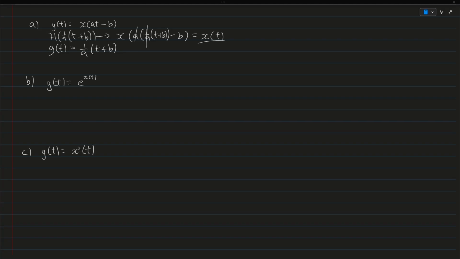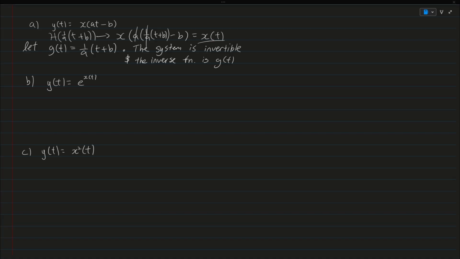You just let g of t equal this, and now we could say the system is invertible, and usually they ask for the inverse function, which is g of t. So there you go. The system is invertible, you proved it, and the inverse function is g of t.